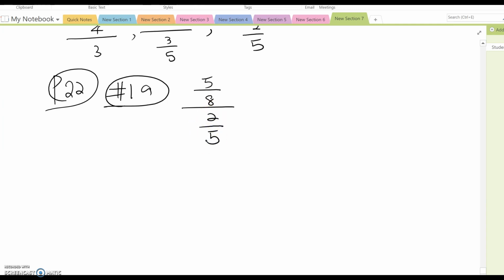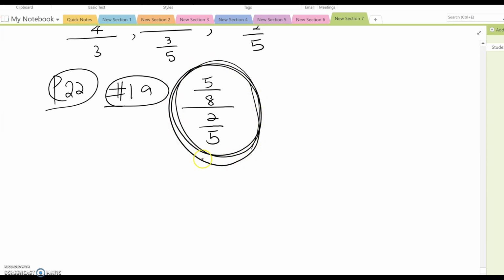Of course, you may think this is 5 over 8 divided by 2 over 5, and you can solve it as well, but I'm not going to use this method because it is too much processing and a little bit tedious. Whenever you have this kind of complex form, the key point is you must think of the numerator and denominator separately.